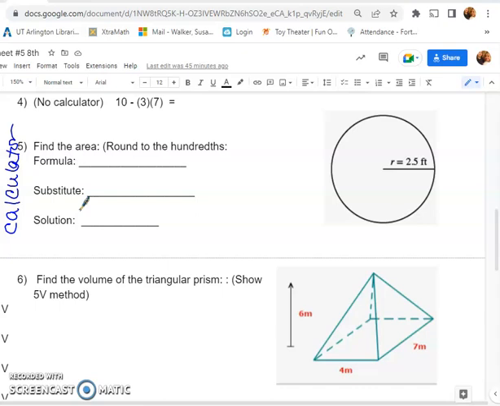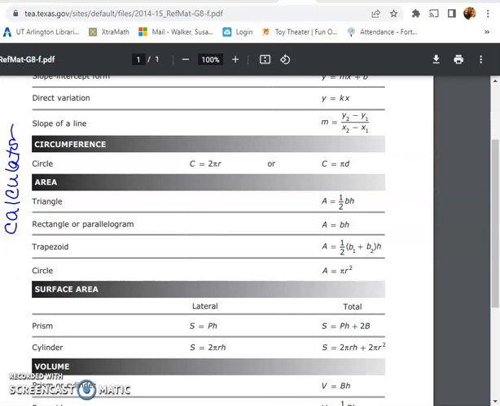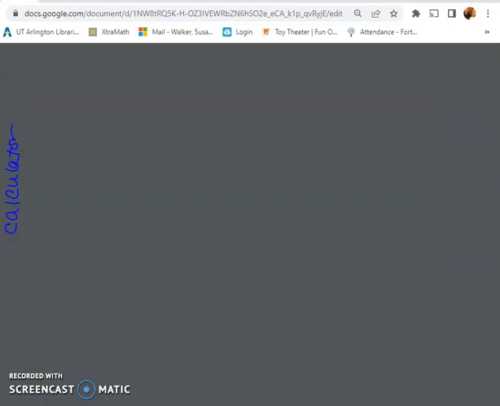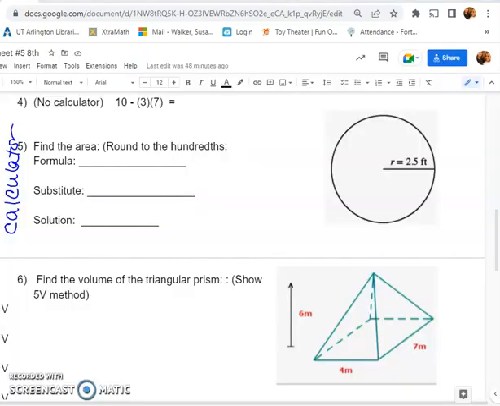So let's pull out our 8th grade formula chart. Pause the video and do that now. Okay, so we are looking for area. Area, circle, A equals pi r squared.